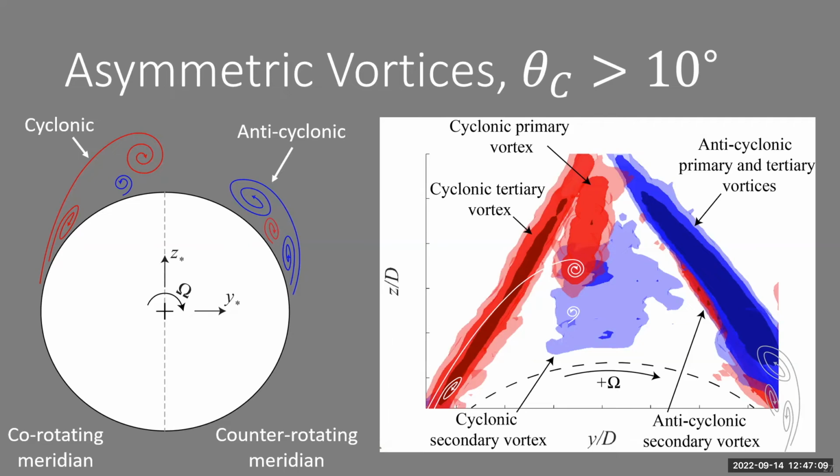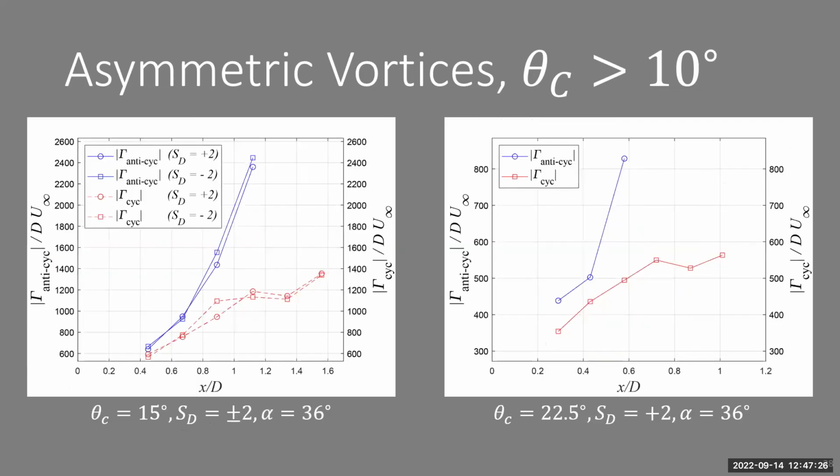And finally, the anticyclonic primary and tertiary vortices, these stay close to the surface of the cone and continue to grow. As they stay close to the surface of the cone, they're continuously being fed by vorticity from the adjacent shear layer. And I'll get into that.